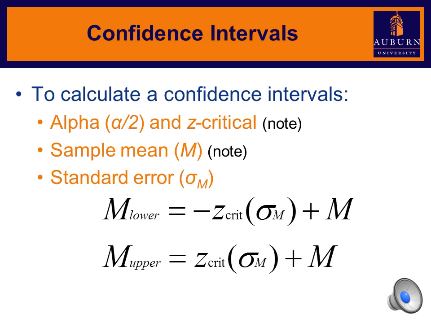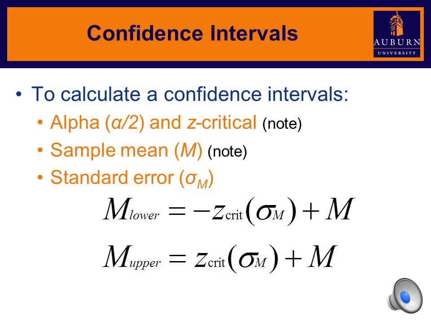Now I've left a couple notes there just to remind me of a couple things I need to talk about. First of all, confidence intervals are always two-tailed. We talked about our hypothesis tests on Thursday, that they can be either one- or two-tailed, but our confidence interval will always be two-tailed.